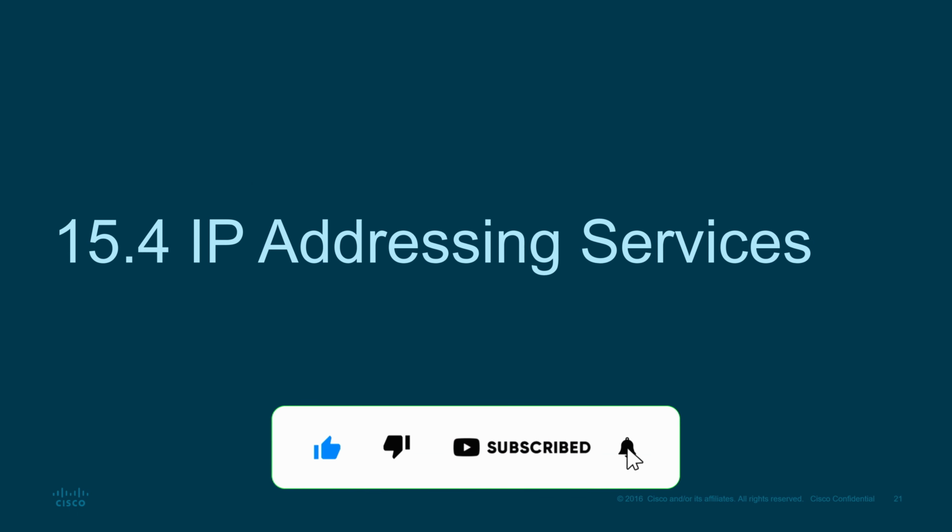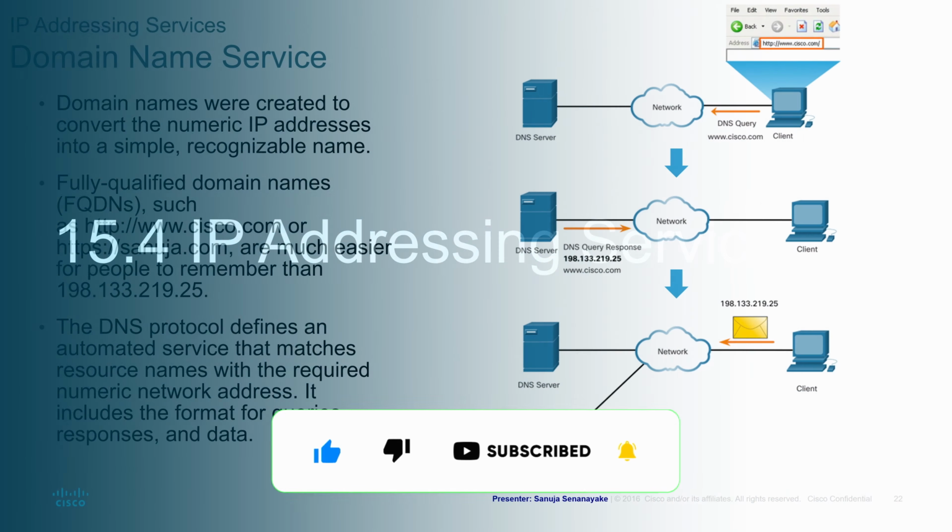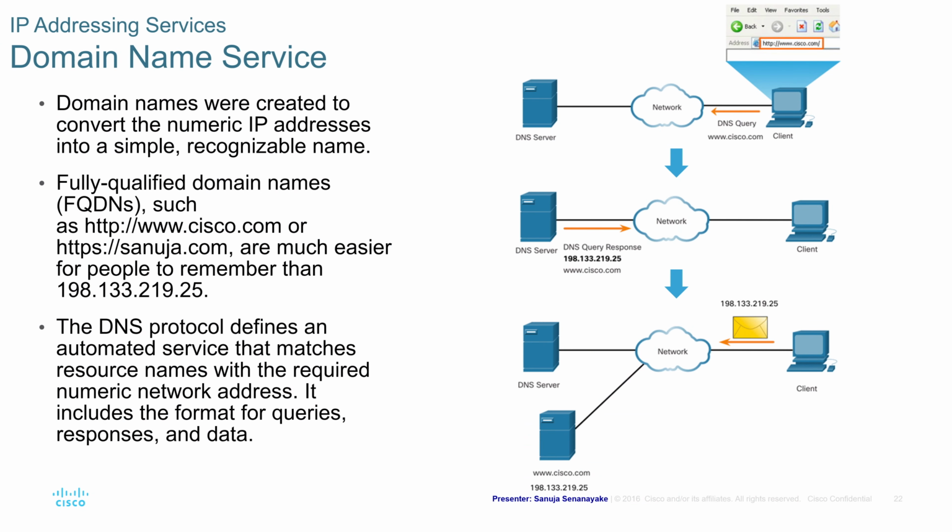IP addressing services. Domain Name Service or DNS. Domain names were created to convert the numeric IP addresses into a simple, recognizable name. Because people like you and I can remember names and letters better than numbers, such as 192.168.155.3, for example.